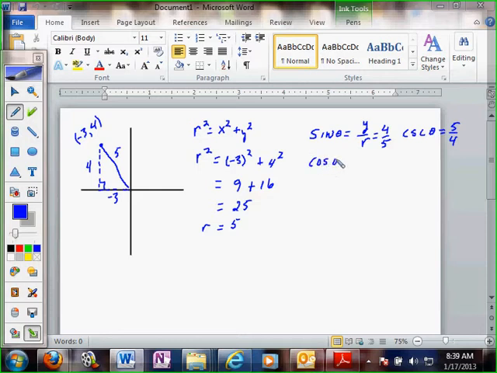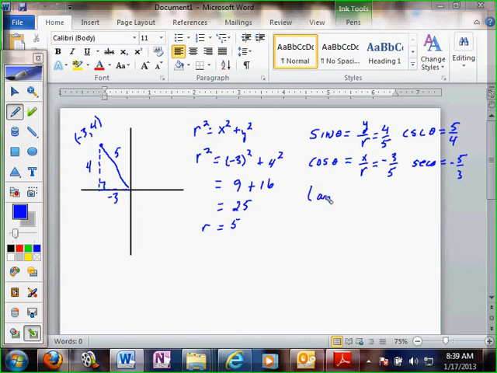Cosine theta is still equal to x over r. x is negative 3, r is 5, so this is going to be negative 3 over 5. And secant theta is the reciprocal of cosine, so it's going to be negative 5 over 3.